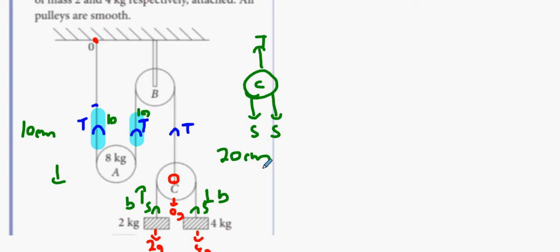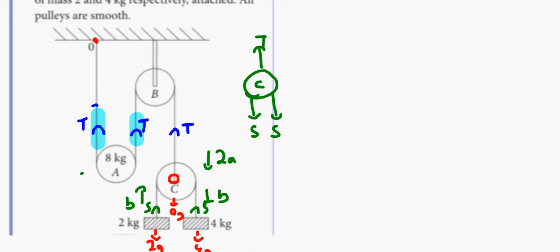So, C will always be twice A. If A has acceleration a, C will have acceleration 2a. Everybody cool with that? And A will obviously be going upwards.